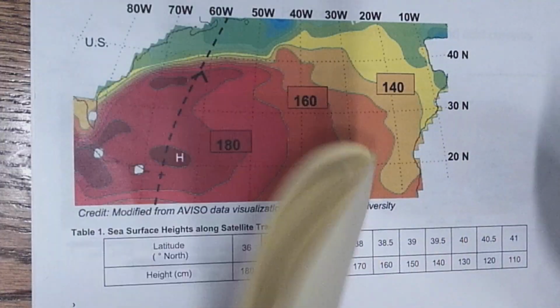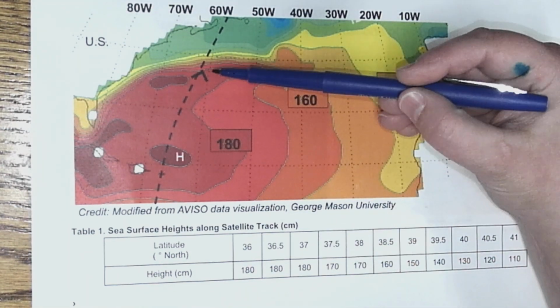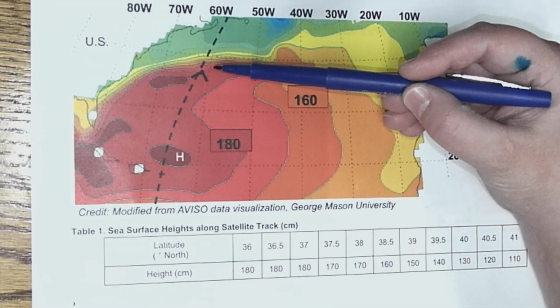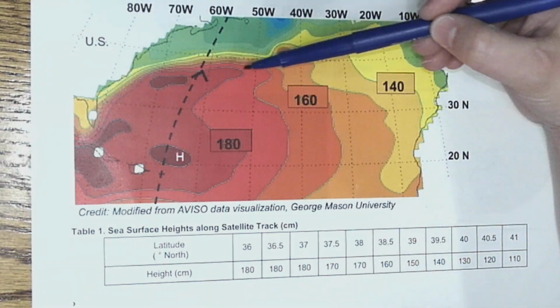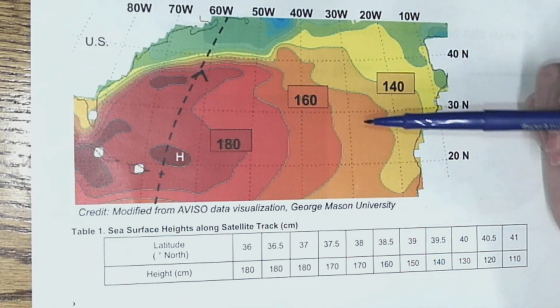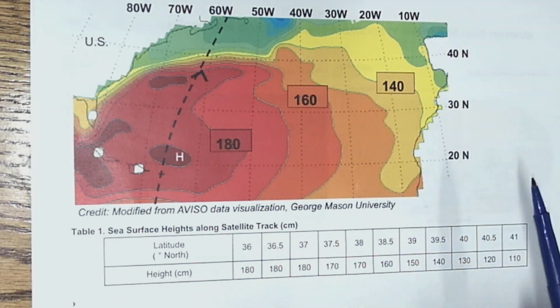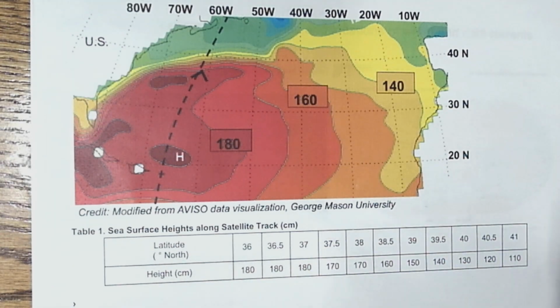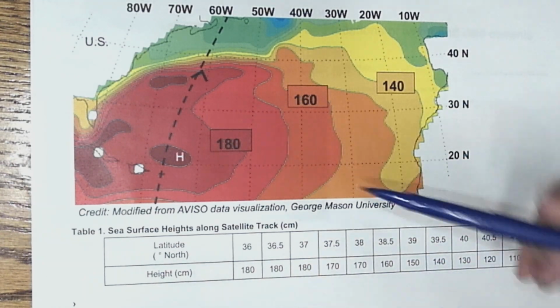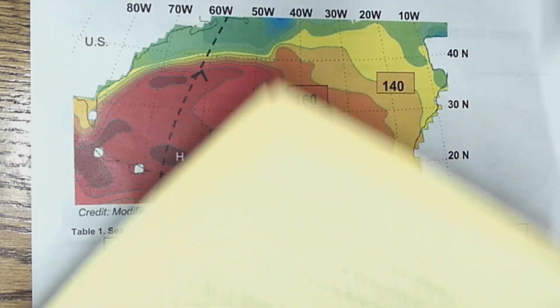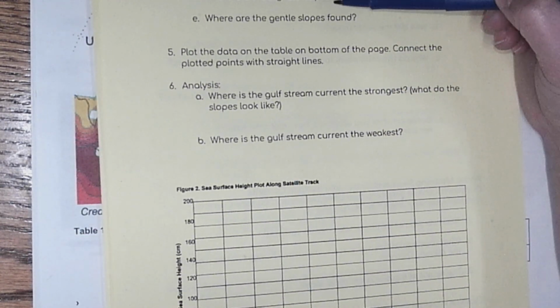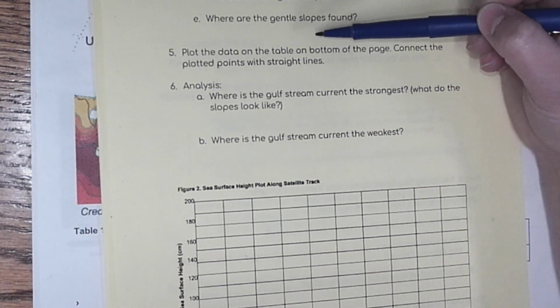That's this next question. So when you see lines bunched together like this, or like over here, so basically this whole area, that indicates a steep slope. When they're spread out like this, that's showing you a very stretched out long slope. So where the lines are closer together is the highest slopes, and the gentlest slopes are where they're spread apart.